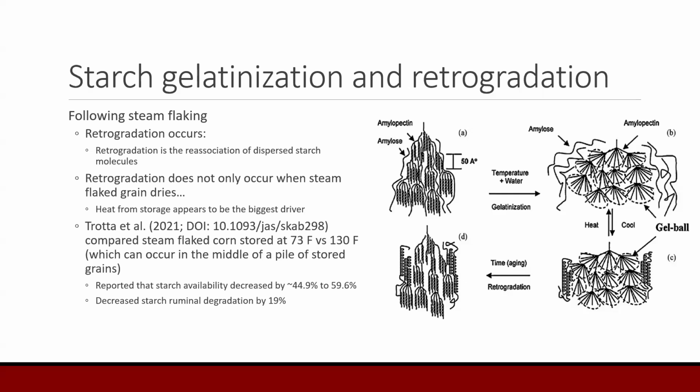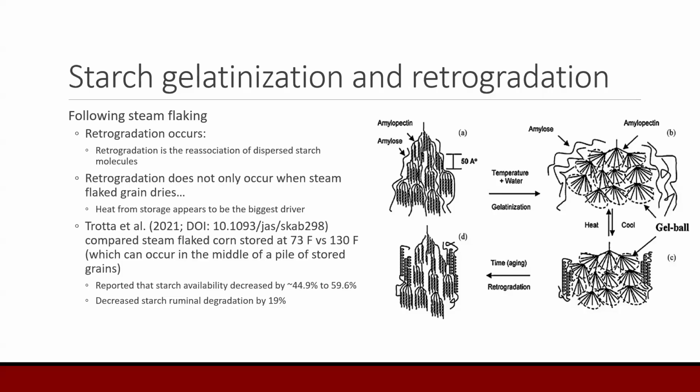Yeah, so Trotta did this. He looked at storing steam flake corn at 73, some more ambient temperatures, versus 130. So in the center of a stored stack, it could get that hot, okay? And he found that starch availability decreased by about 50% to 60%, depending on the storage length and conditions.